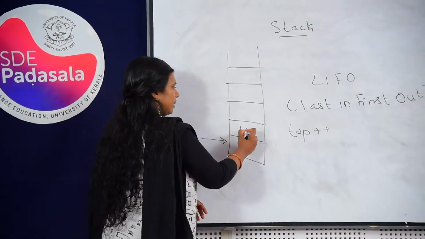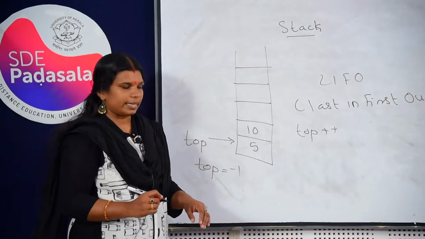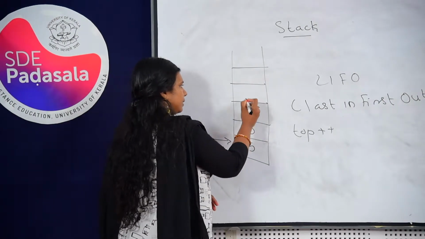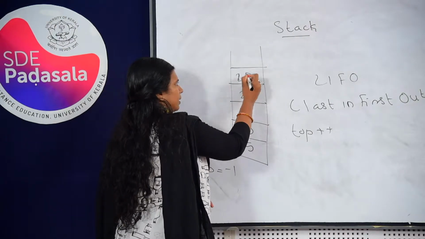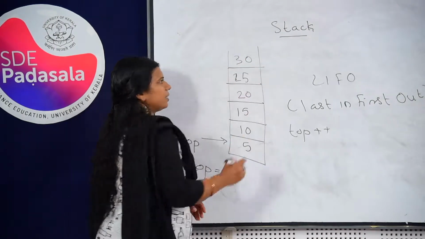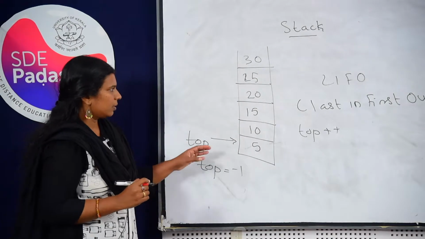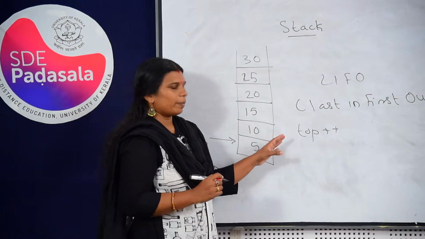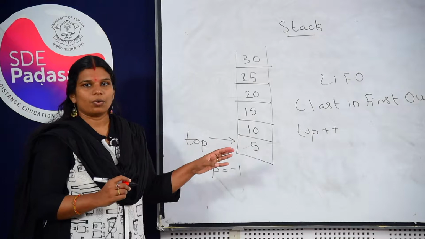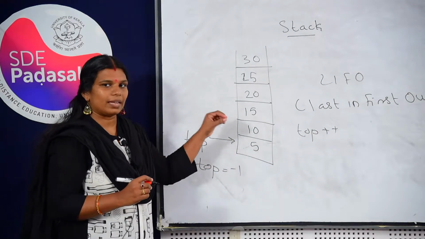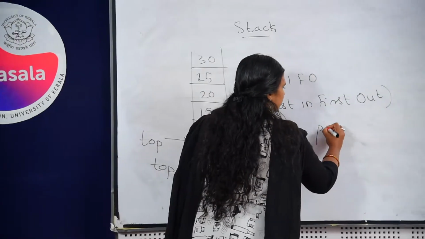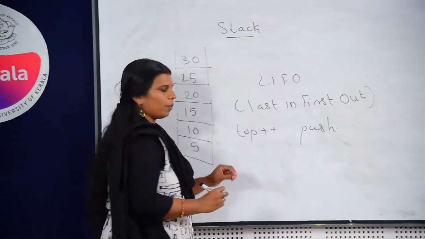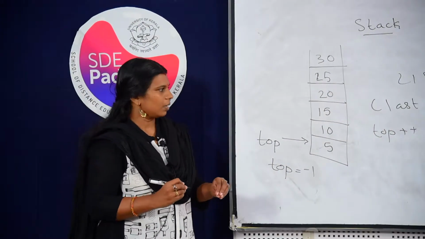After that we can insert the next element, above that we can insert another element. This is the way we will insert elements into the stack. This operation, that is insertion of values into the stack, is known as the push operation.